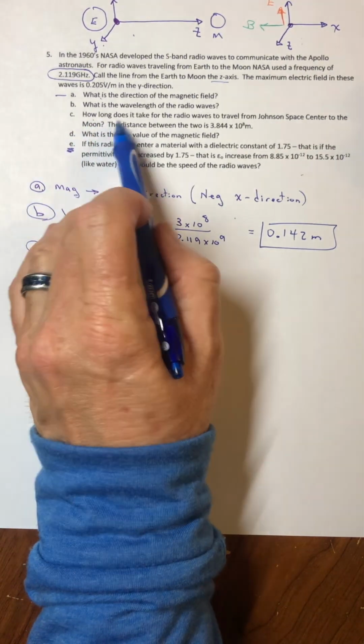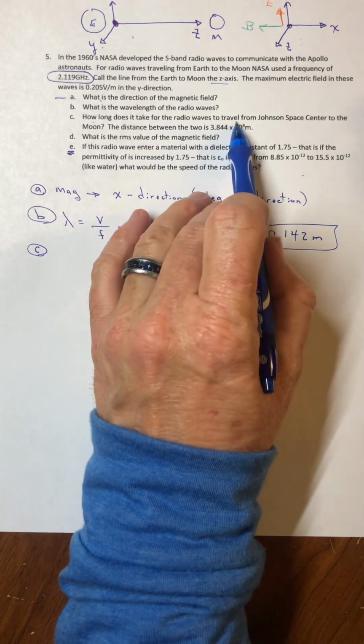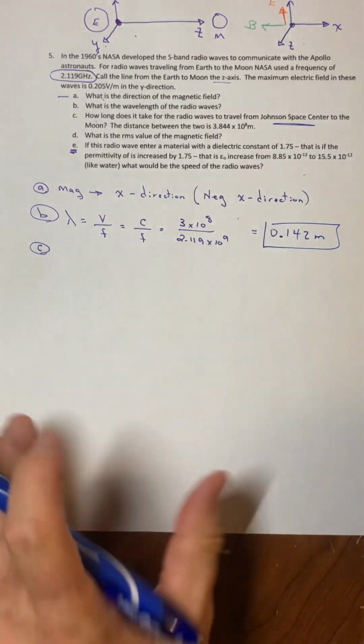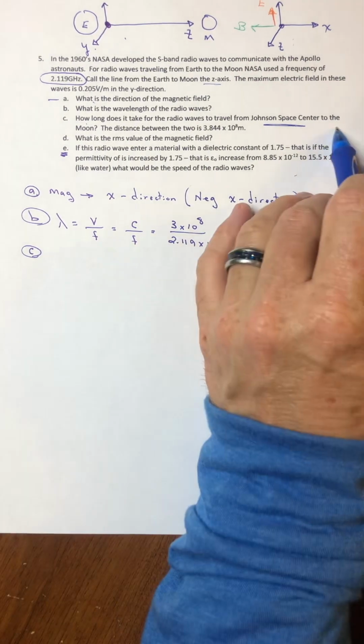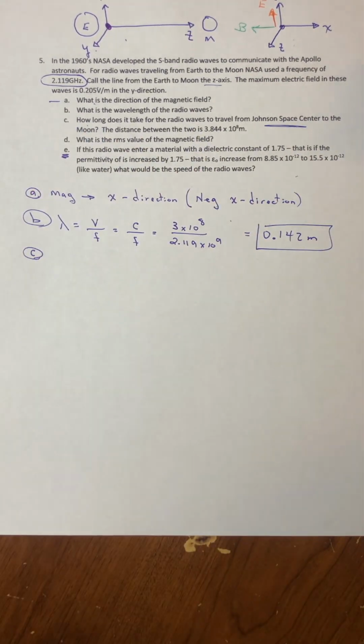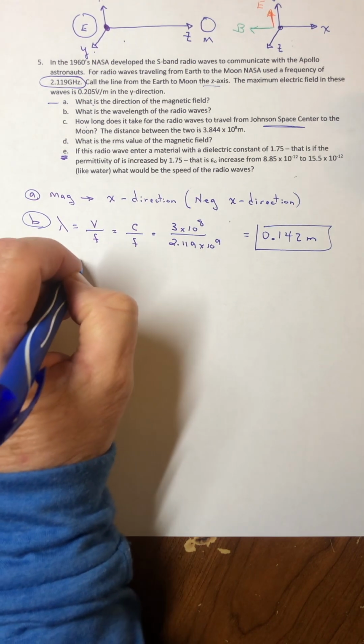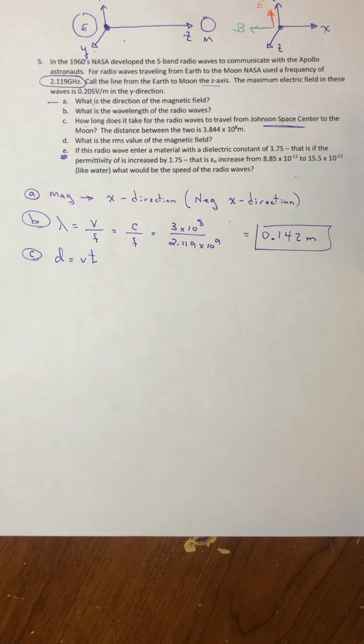C is how long does it take for these radio waves to travel, and so here we'll communicate from Houston to the moon. And of course, this is just the straight up physics, chapter 3, physics 121, distance, speed, and time.